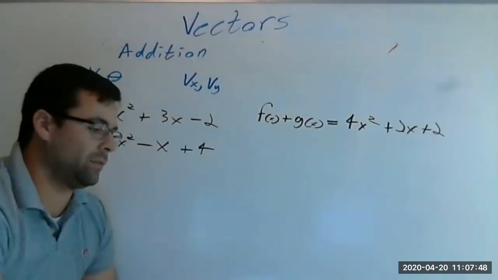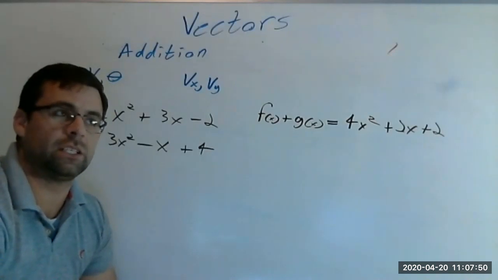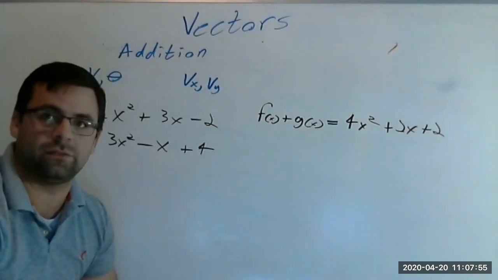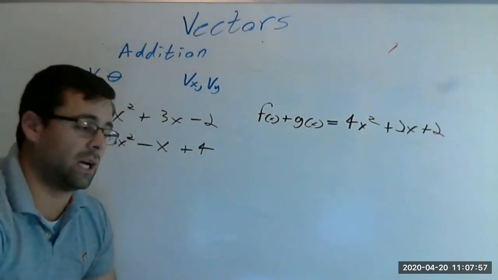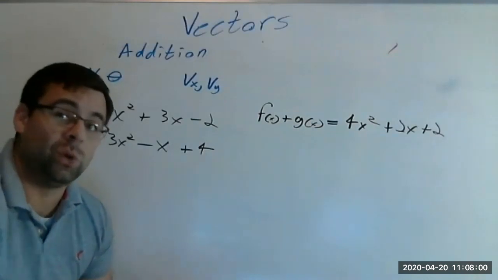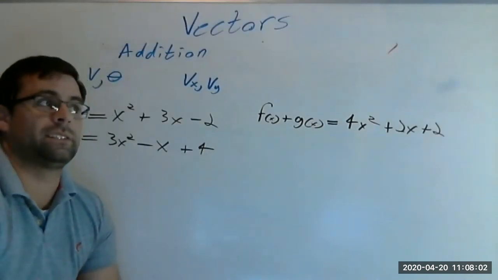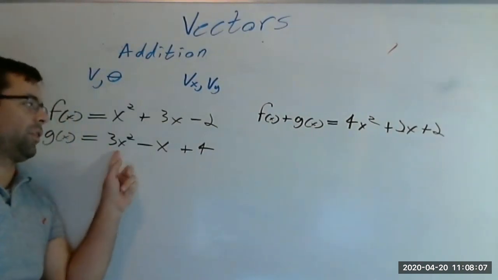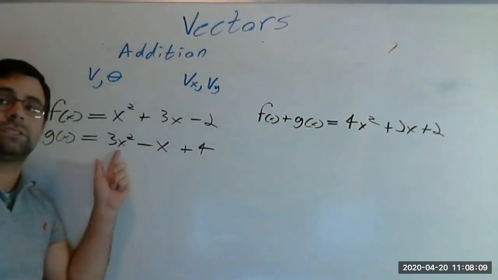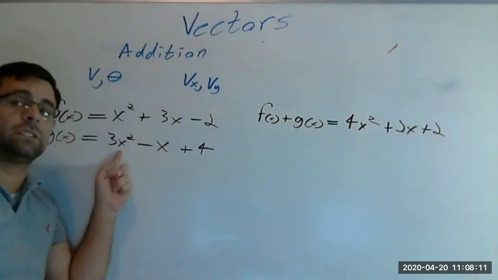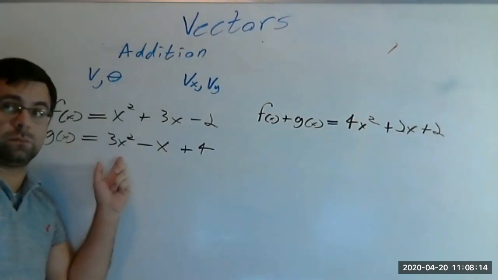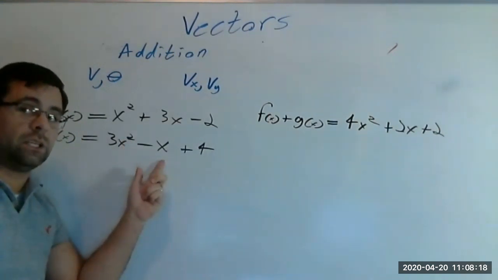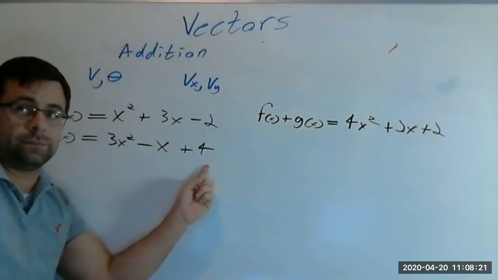So one of the ideas behind this is that like terms are kind of their own dimensions. So if x has a unit to it, let's say meter or feet, then this thing has square feet as a unit because it's feet squared. This thing has just feet as a unit, and this thing doesn't have any units at all.